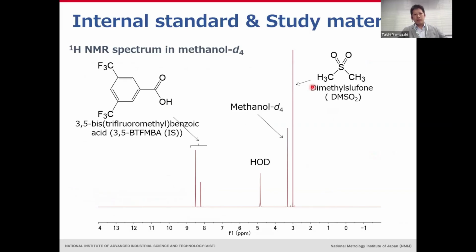So this is an example of an NMR spectrum in this first CCQM comparison. This shows the internal standard. Two signals are detected, and the analyte signal is just a singlet, but next to the methanol signals.